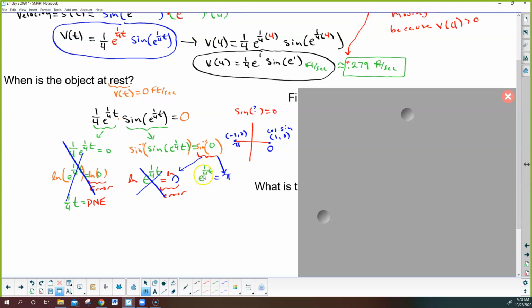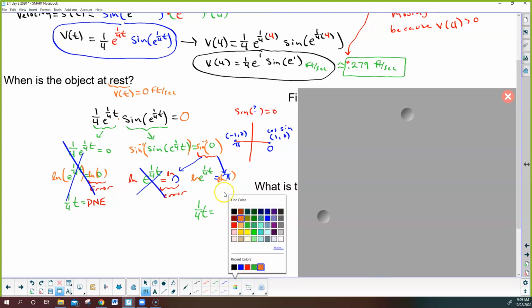If I take the natural log of both sides to get rid of the e, the natural log and the e go away, and what's left over on this side is the natural log of pi.